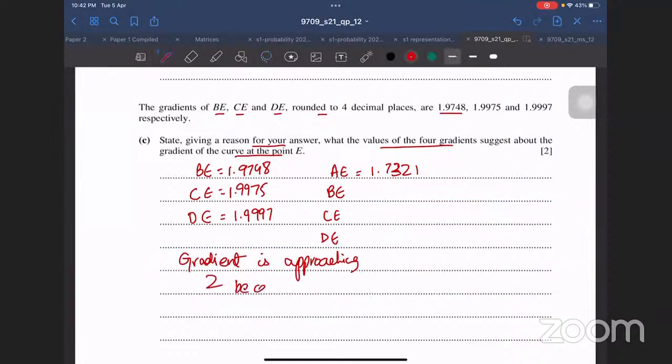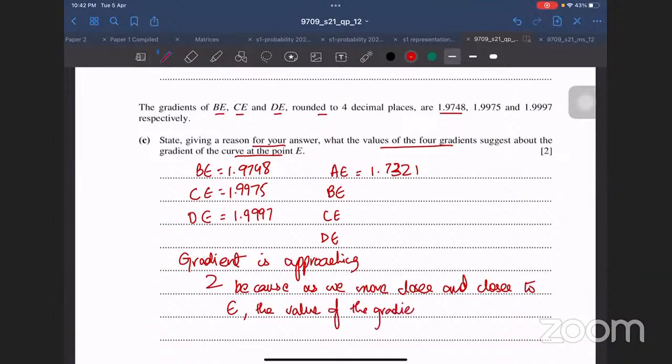Gradient is approaching 2 because as we move closer and closer to E, the value of the gradient is approaching 2, which means that the limit is approaching 2.